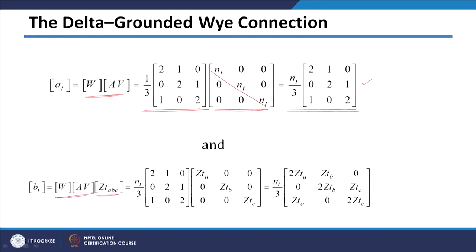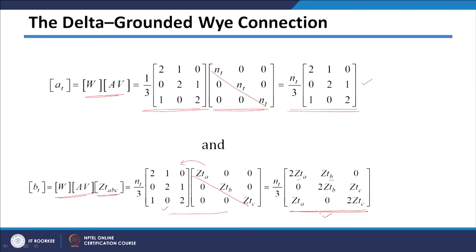In this case also, ZTABC is a diagonal matrix, so it will get multiplied to each entry of this matrix. If you multiply these two matrices, since it is diagonal, each entry will get multiplied with the corresponding diagonal entry. After multiplying, you will get this matrix here.